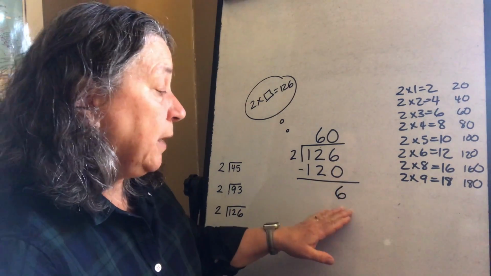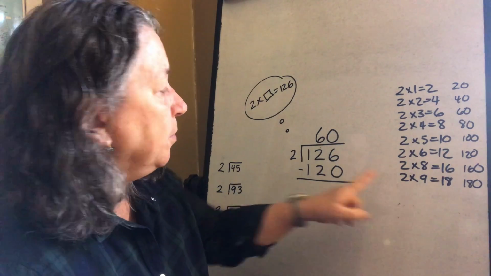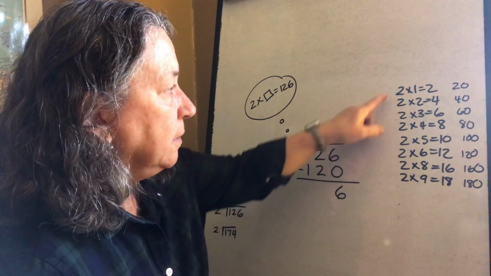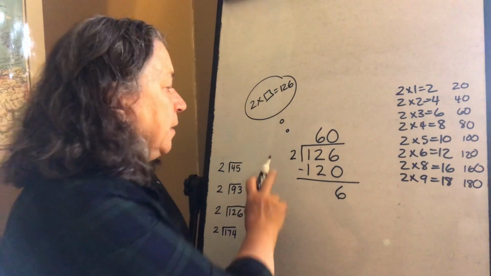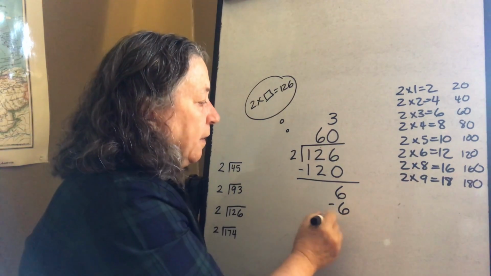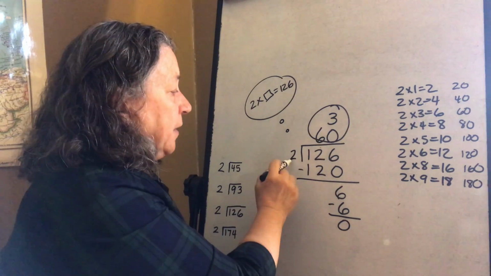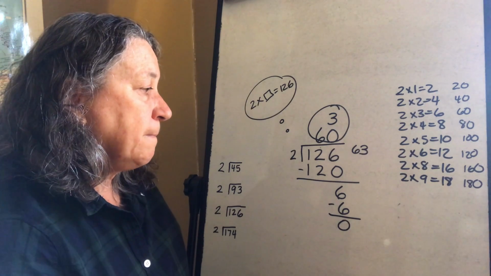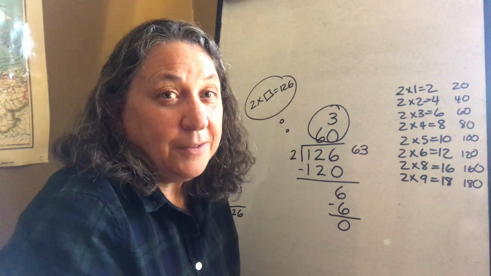So we won't have a remainder today, because there is a number that can multiply by 2 that will come out to 6. 2 times 3 is 6. And when we subtract, we're done. So if you had 126 divided into 2 equal groups, there would be 63 in each group. Isn't that great? I know the numbers get big, but you can do it.